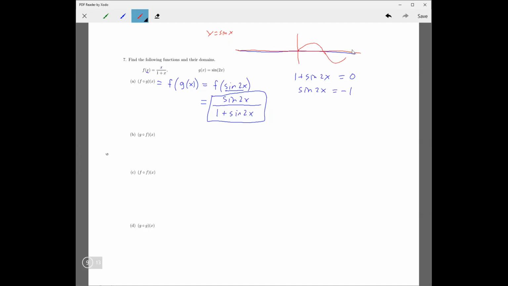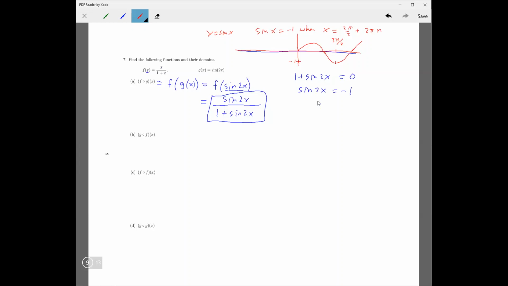That's going to go like this, right? And it'll be -1 here at 3 pi over 2, and any multiple of that. Okay, so sine x equals -1 when x is equal to 3 pi over 2 plus 2 pi n. And so that would work.